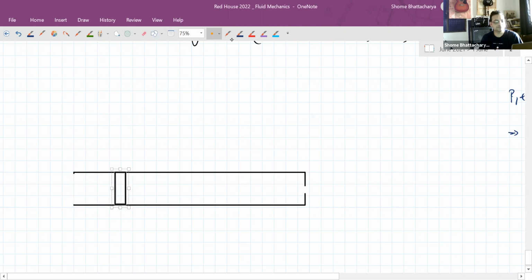Let's say this is a movable piston. This is of area A. So this is now an orifice of very small area a.